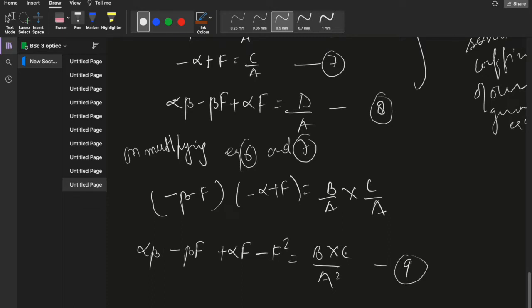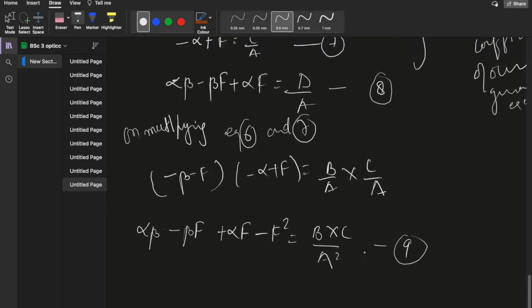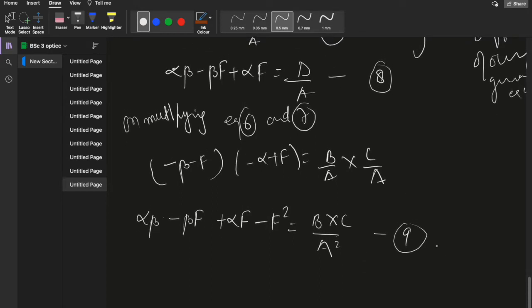Now I just subtract equation 9 and 8. Why? Because I have to calculate F square. I need to calculate F, your capital F, which is the equivalent focal length.